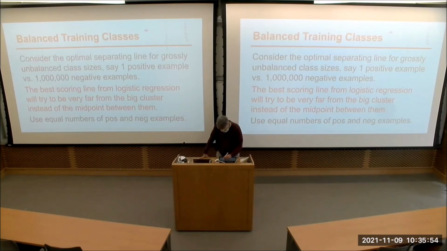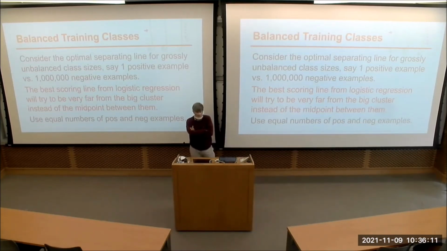Would you like that to be the separator? Would you like this to be the separator? Or would you like this to be the separator? You're saying you would like A, B, or C. These are three different ideas for what might be the optimal separator.